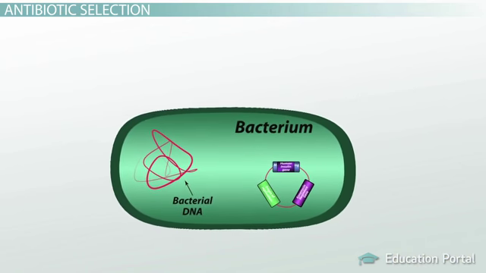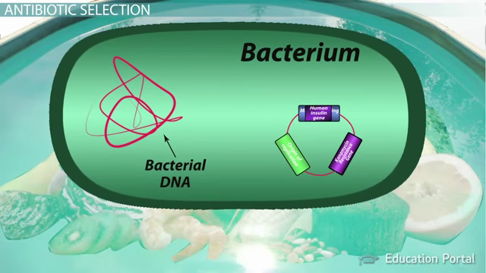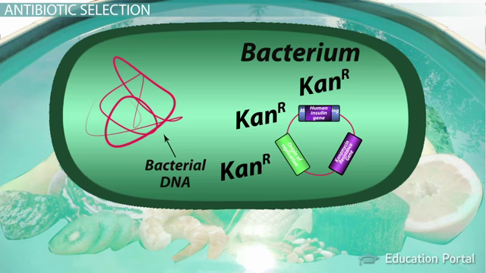This antibiotic resistance protein is the main reason for the recovery step. Consider that most antibiotics like kanamycin simply kill bacteria. To survive in the antibiotic environment of this selection step, a bacterial cell must already have the antibiotic resistance protein on hand.